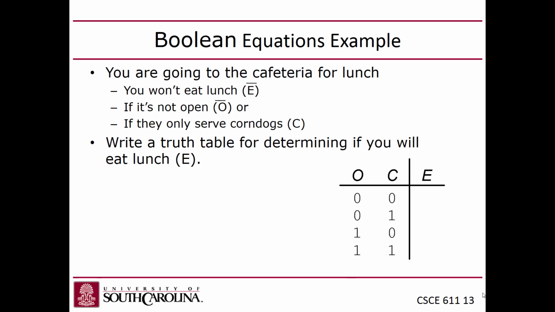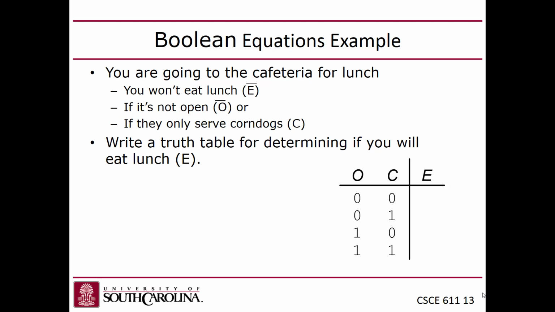Now what's the idea here? We have a description of the behavior, and we want to build a truth table. So you won't eat lunch, meaning that your output will be 0, right? It'll be complemented. If the cafeteria is not open, so that would mean any row where O is 0, or if they only serve corn dogs, if C is 1.